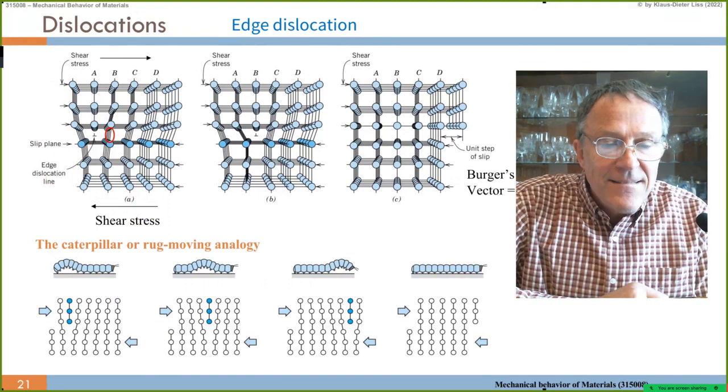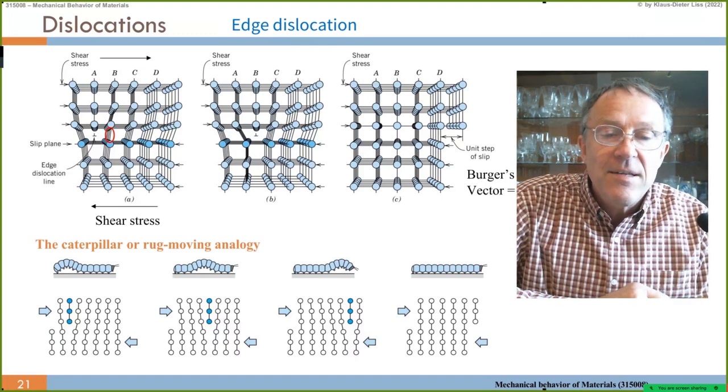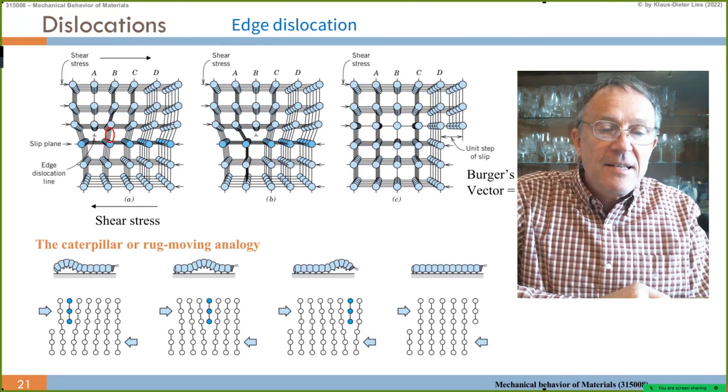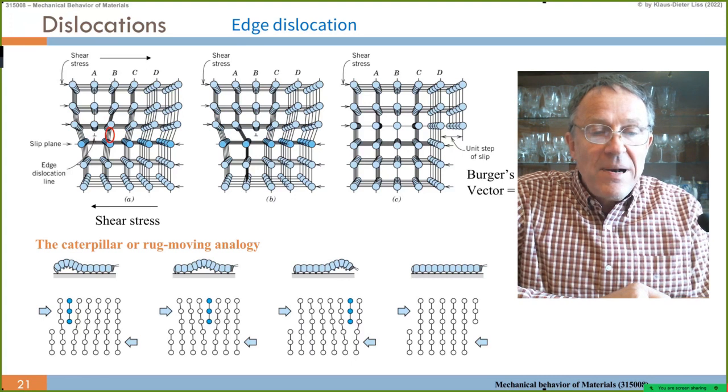Now the question is, how does the dislocation contribute to the motion of lattice planes in the model of plasticity? This is demonstrated here.